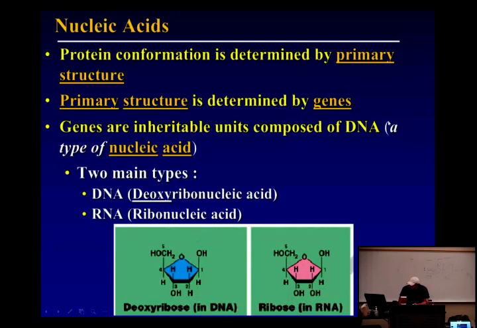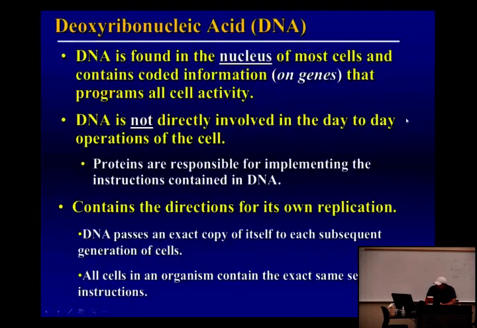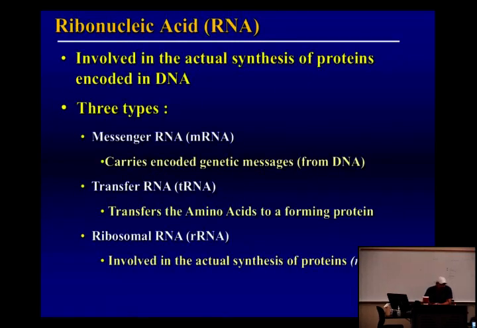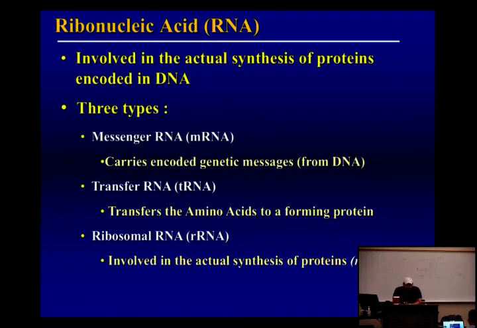So there's the differences. Which one's found in DNA? What's the sugar, deoxyribose or ribose? Deoxyribose in DNA, and ribose in RNA. Good. Where's the DNA found? The nucleus. DNA is turned into what kind of RNA? mRNA, for messenger RNA.